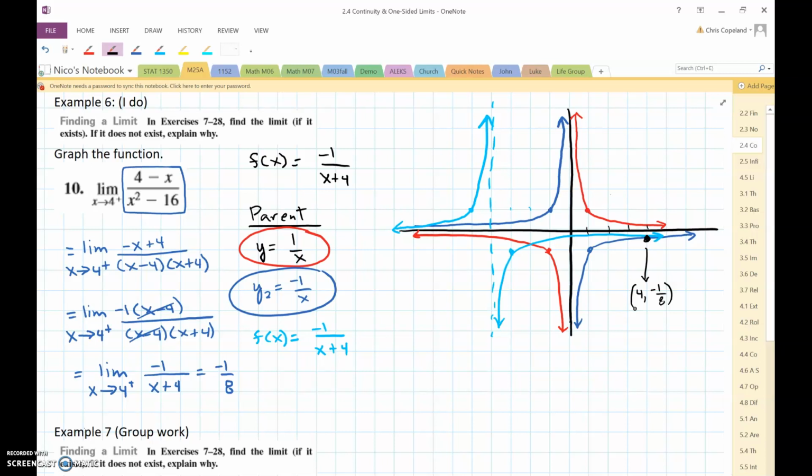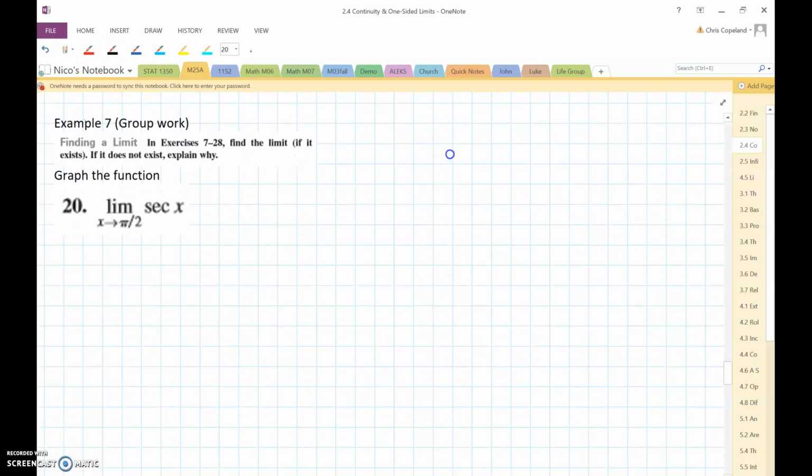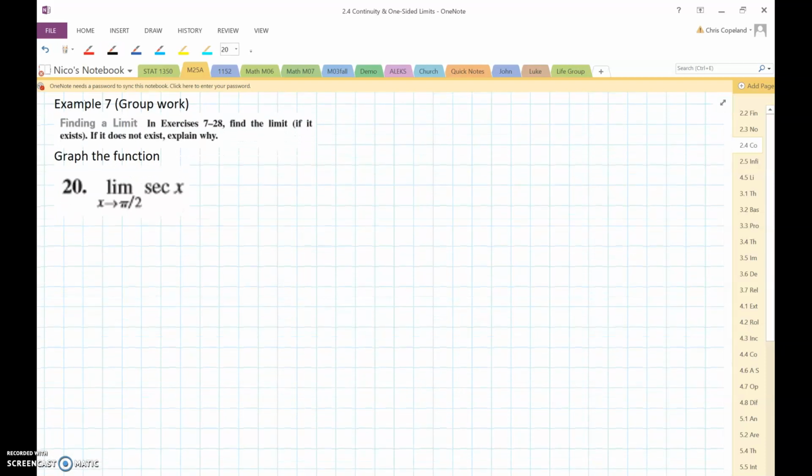Alright, let's look at the last example here. Same thing. We want to solve this from a graphical approach. There's no way to really simplify that anymore. So let's graph it.